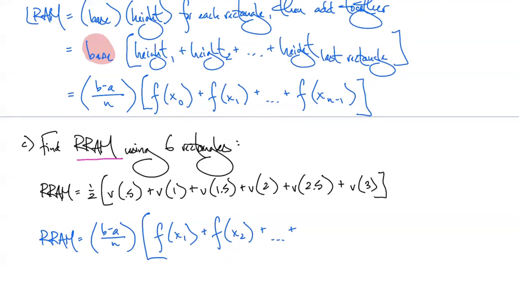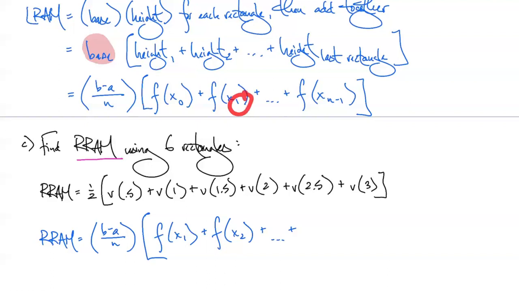Okay, so let's see. If I think about this, I started with f of x sub 0, and it became f of x sub 1. What did I do to that subscript? How do I get from 0 to 1? You add 1, okay.